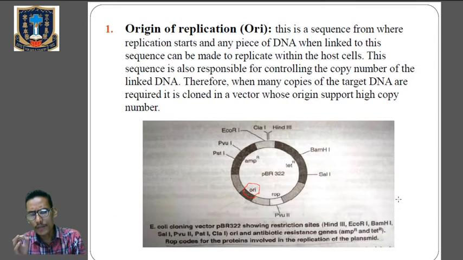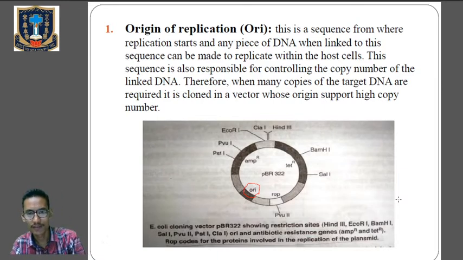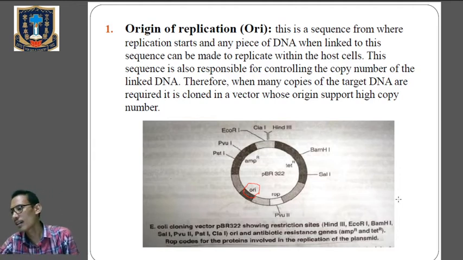Therefore, when many copies of the target DNA are required, it is cloned in a vector whose origin supports high copy number. That means we have to select a vector which has the property to produce a high copy number of the inserted DNA. Depending on the number of copies we require, we have to select a vector that can support the production of multiple copies of foreign DNA.